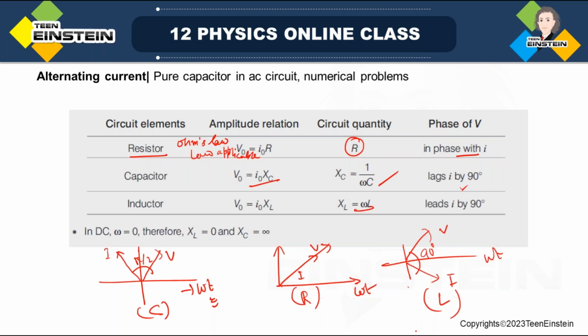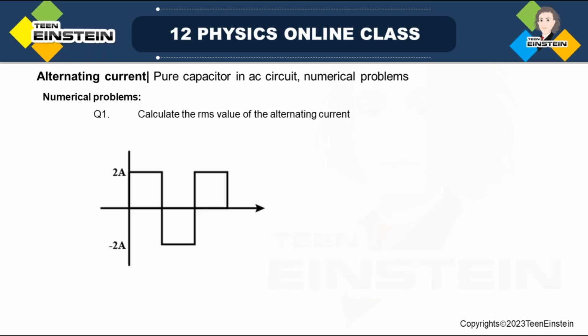All right, we'll just take up a numerical problem. You can see this figure on the screen. The question is to calculate the RMS value of the alternating current. You have to find the RMS value of the alternating current for the figure where the current is given.